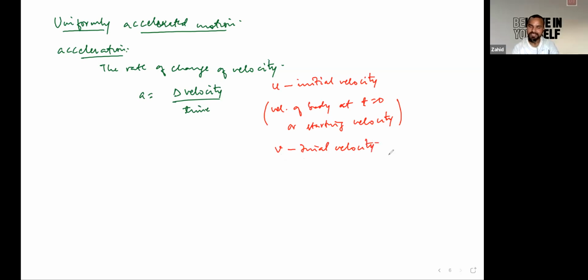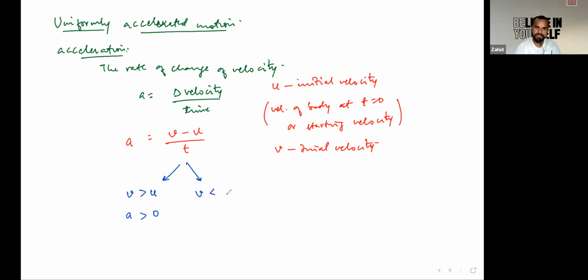v is final velocity, or you would say velocity at any final instant of time, or any particular instant of time. Now, if you put these two values in this part, you will get v minus u divided by time taken. Depending upon these two values, you will get two different cases. First, if final velocity is greater than initial velocity, a would be positive.